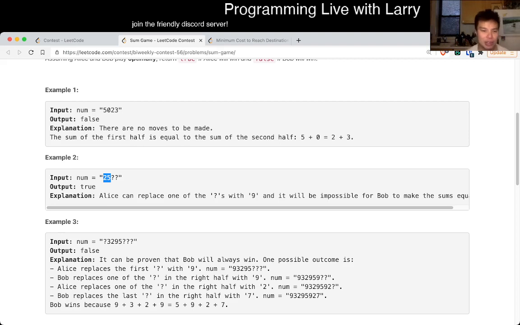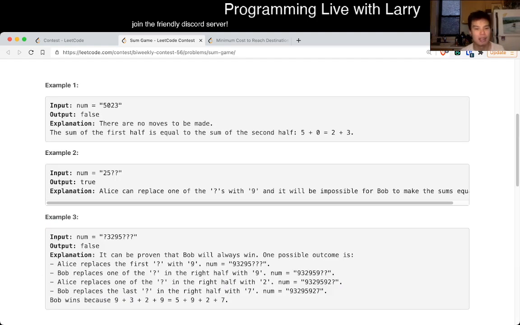If you just go to 9, then you're making it possible. Also, if you have numbers on both sides and you already have a bigger number on the side of the question marks, then it's not going to be possible, because you already have a bigger number than the other side, so you can't make it true, right?